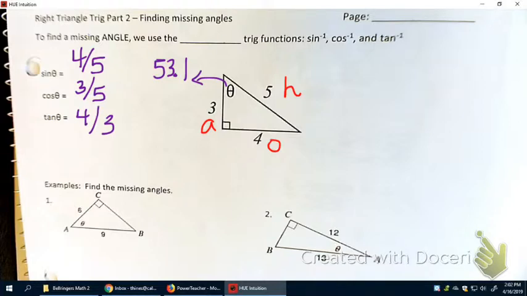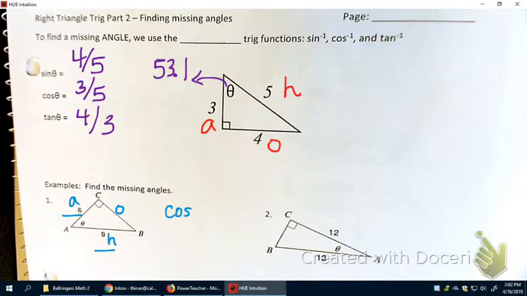Alright, first thing we do is label the triangle again. O is across from the little angle symbol. 9 is H because that's across from the 90. And the 6 is A. Okay, which two sides do we need? Adjacent and hypotenuse. So using sohcahtoa, we need cosine.